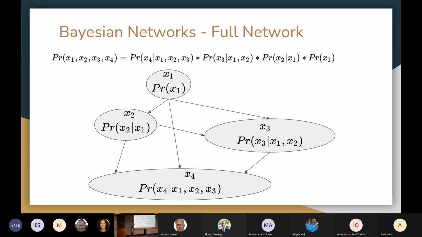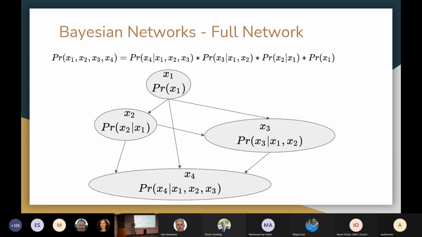We're going to start off with a full network. In this example, I have 4 different variables: x1, x2, x3, x4, and we start off with a full network with all the edges between all the nodes.